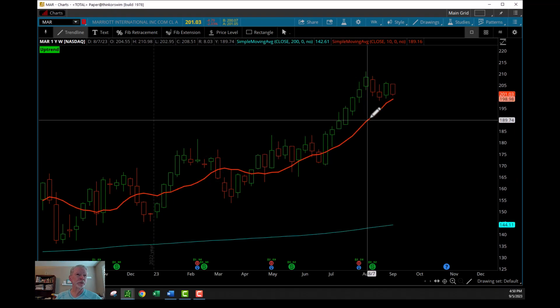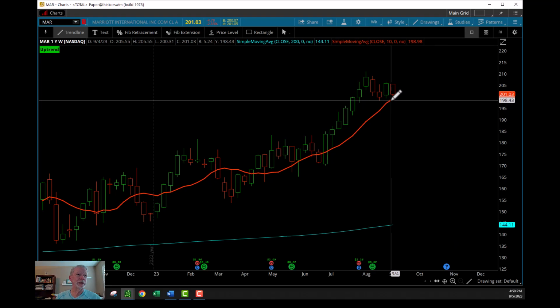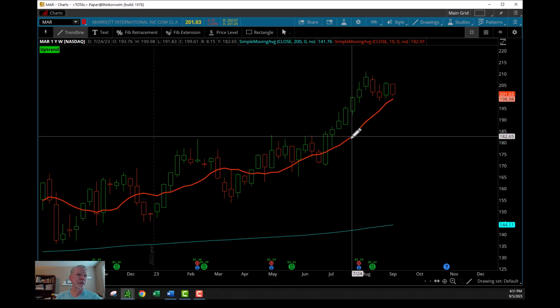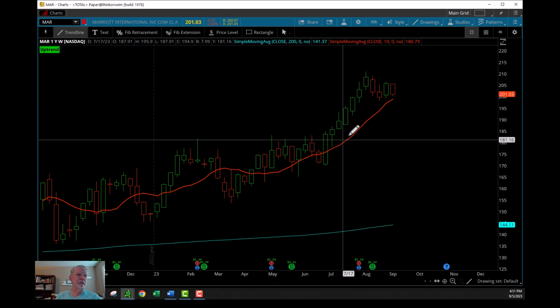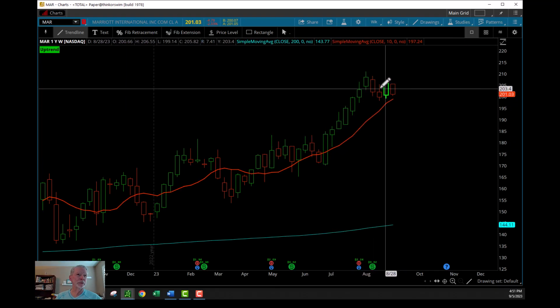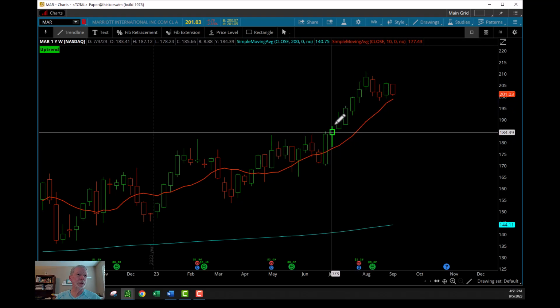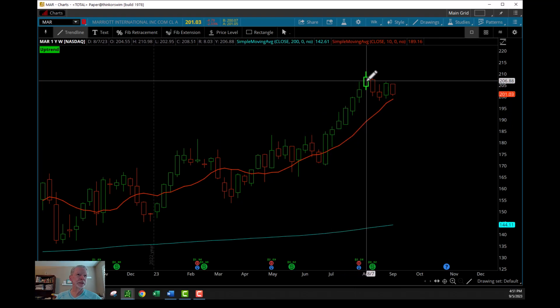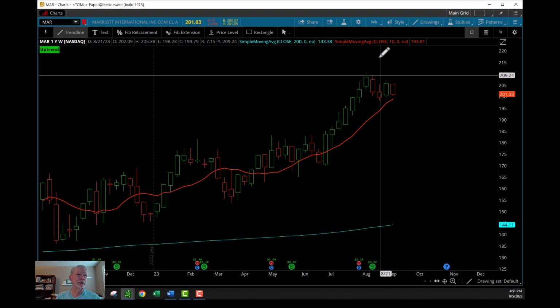So now we have what's called a 50-day average we're looking at. In this case, it's a 10-week average, but you can see what it looks like. It changes the perspective of the chart. But remember, we're looking at weekly time frames. This is a week, there's a week, there's a week.